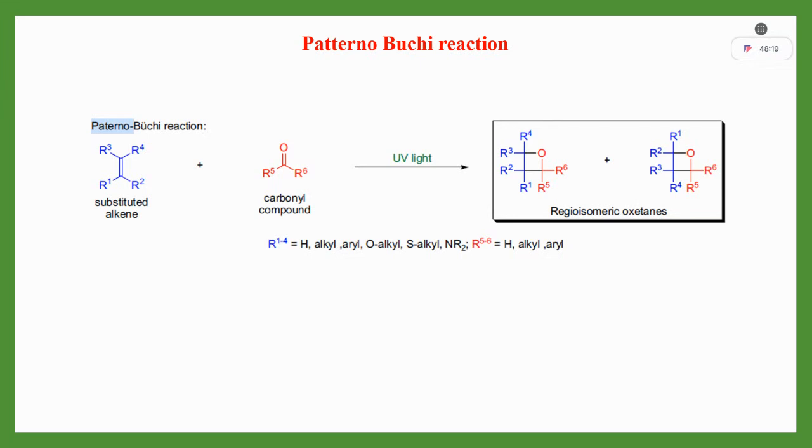Our next reaction for today's session is the Paterno-Buchi reaction. So students, in the Paterno-Buchi reaction, basically this is your 2 plus 2 cycloaddition only. But the thing is, here another partner is your ketone, rather than another olefin.